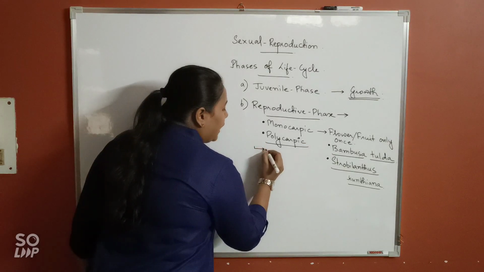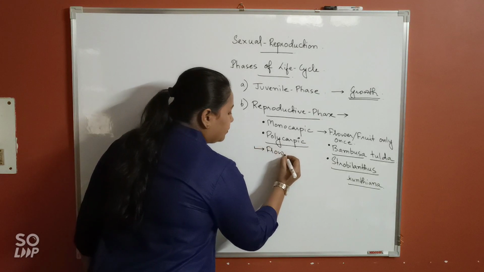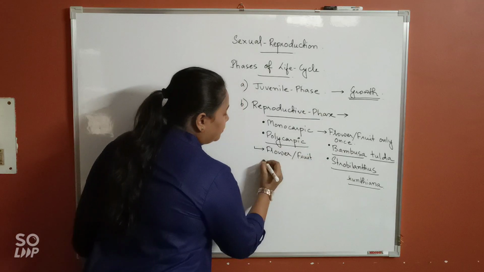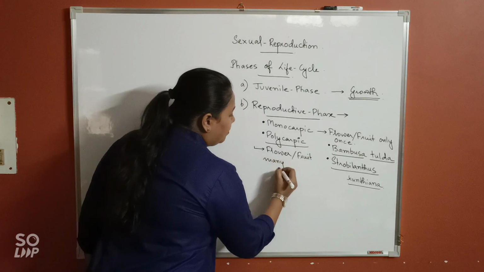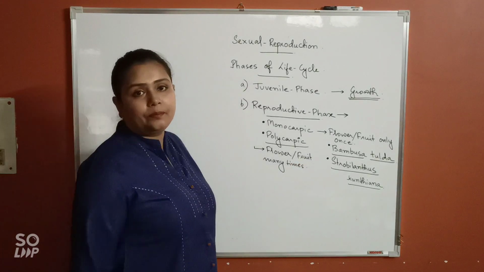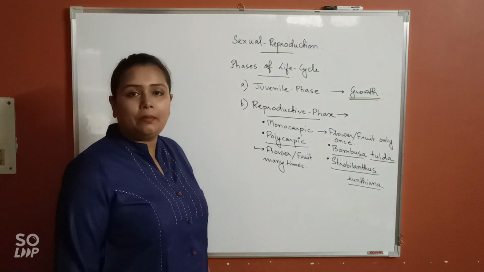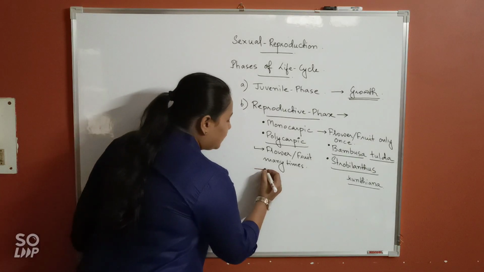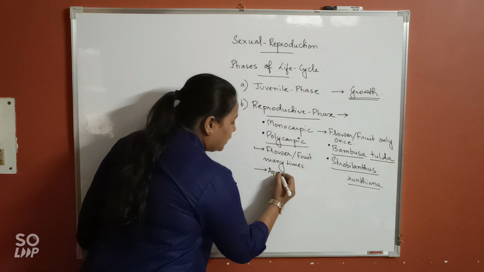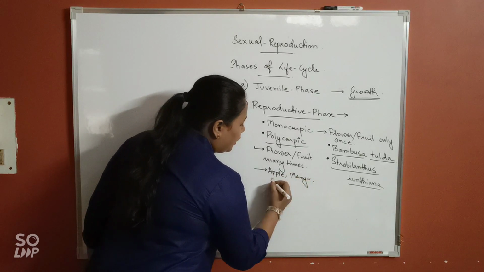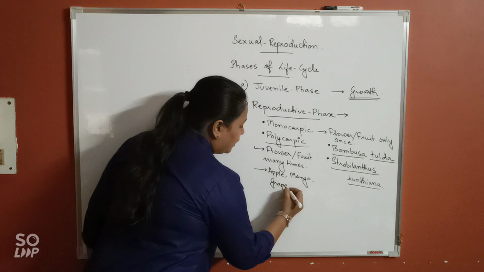So they will flower or fruit many times in their life cycle. Most perennial plants will be polycarpic, like apple, mango, grapes, etc.